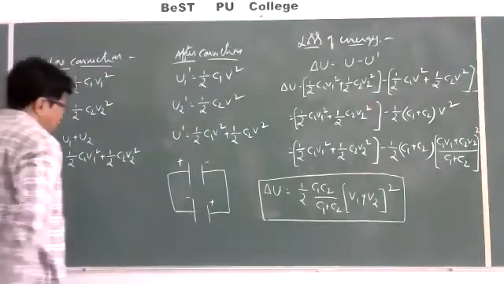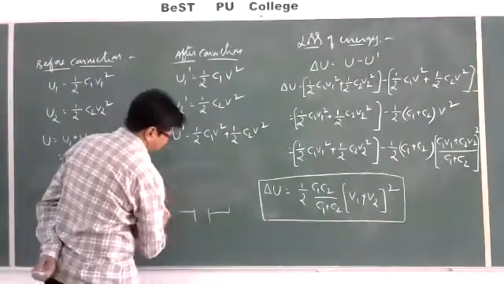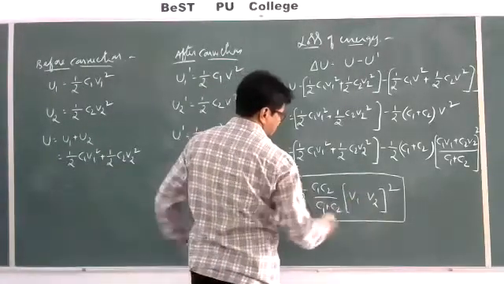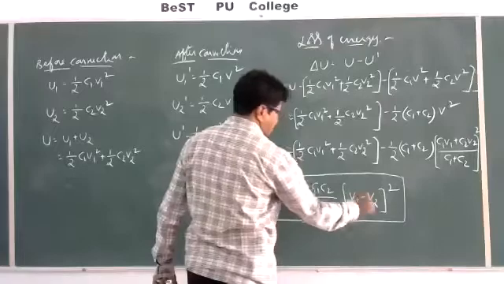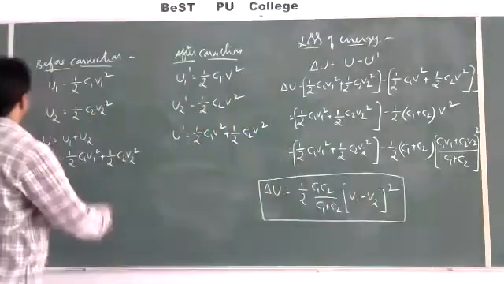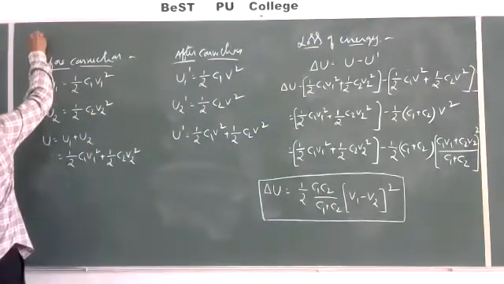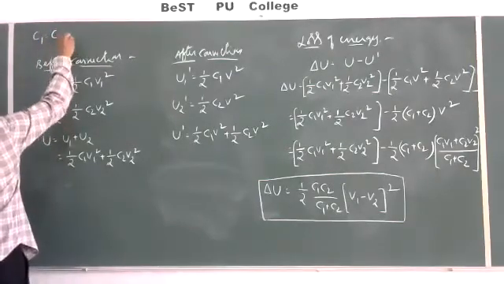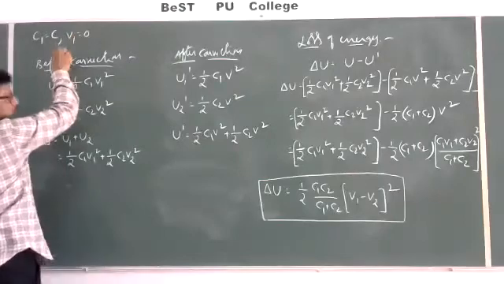What is given is one uncharged capacitor, that is the first capacitor, of capacitance C, whose potential is 0 because it is uncharged.